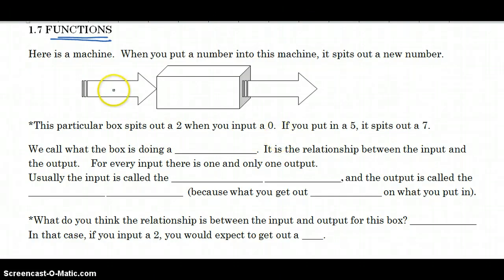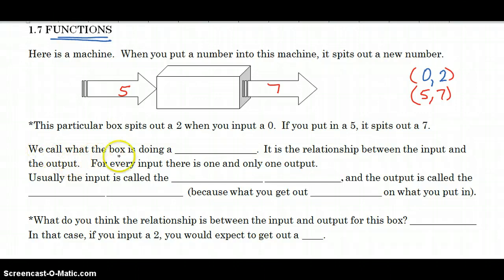So when I put in 0, I get out 2. If I put in 5, it spits out a 7. So (5, 7). Okay, these are ordered pairs.